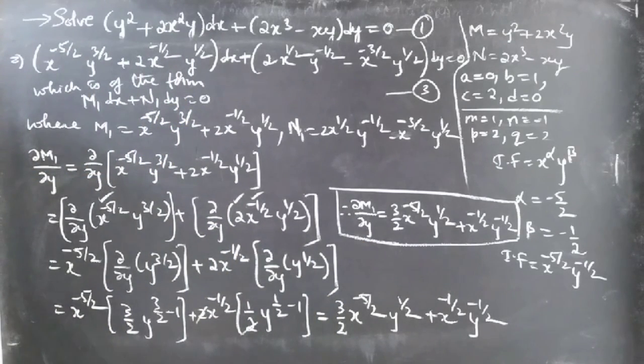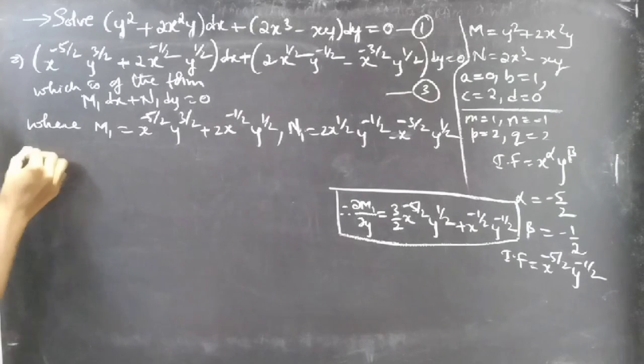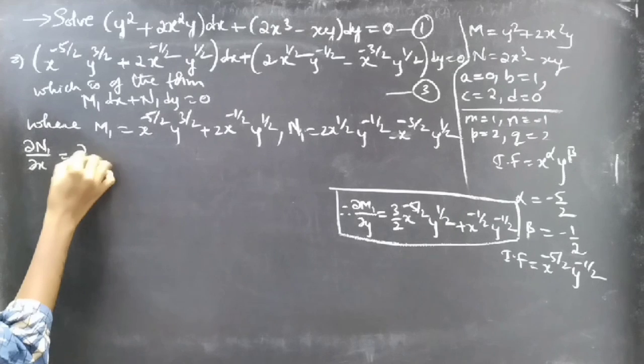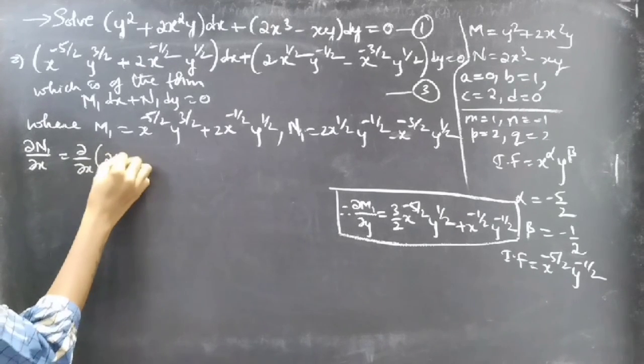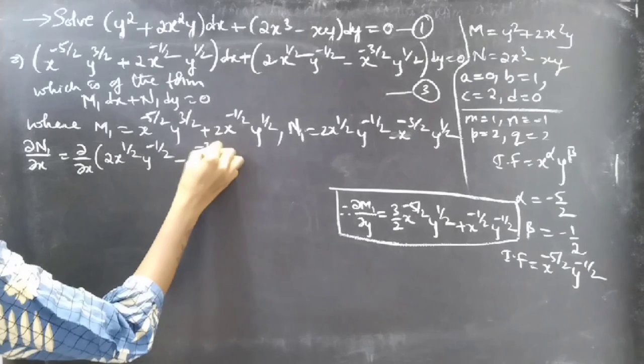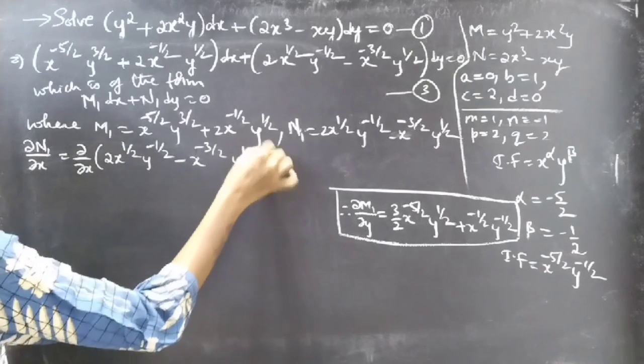Let's now find partial derivative of n1 with respect to x. ∂/∂x of n1, 2x power 1 by 2 y power minus 1 by 2 minus x power minus 3 by 2 y power 1 by 2.